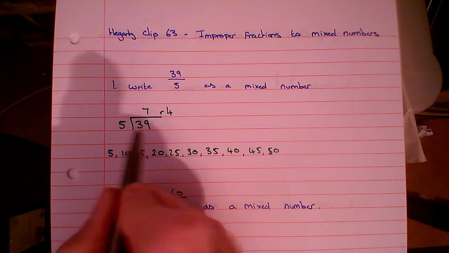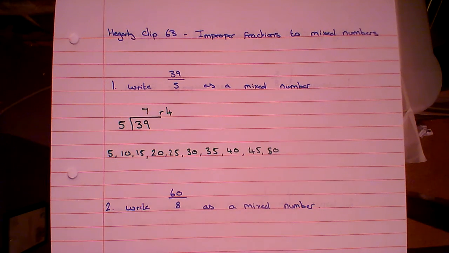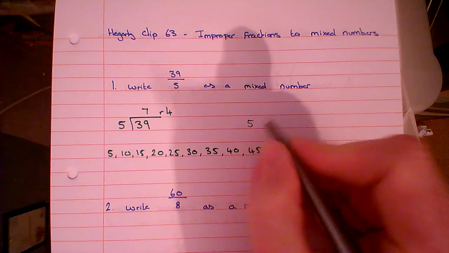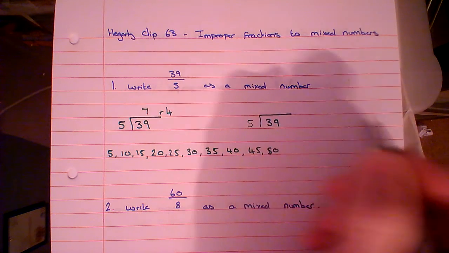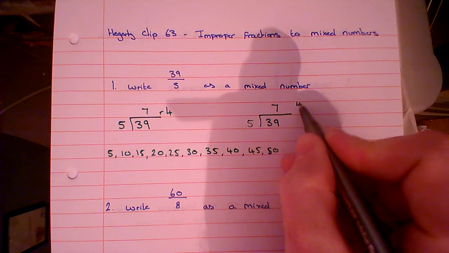Now, previously you may have written it as 7 remainder 4. But we cannot do this anymore. It's asked to write as a mixed number, so that remainder that we have has got to be written as a fraction. So I'm just going to write it out again over here. 5 into 39, and we said it was 7, and there were 4 remaining.